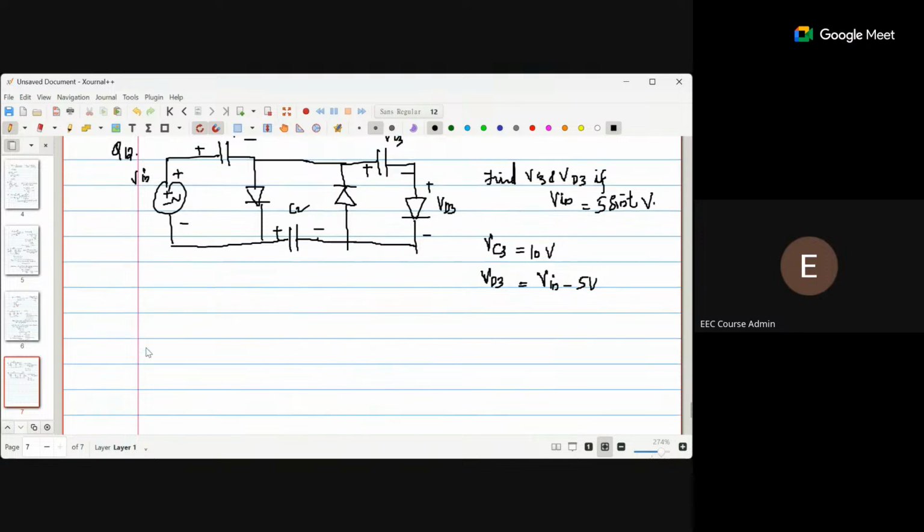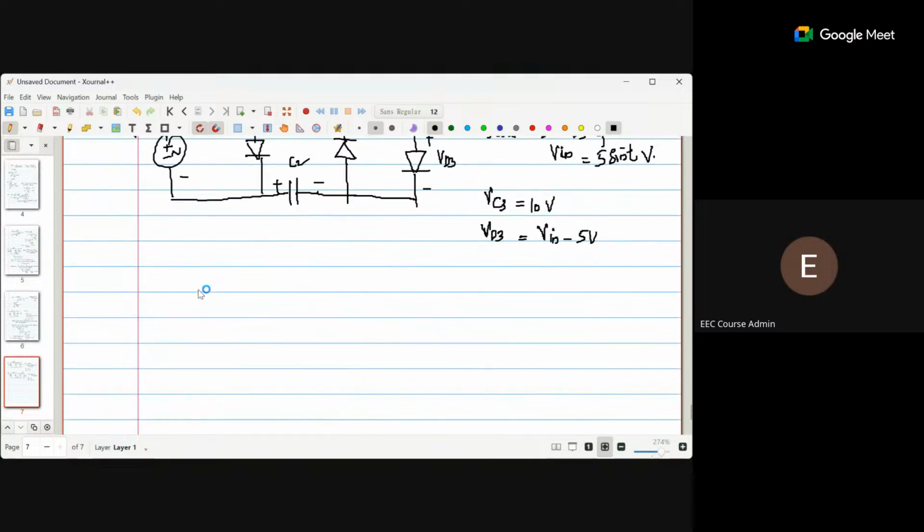Then coming to the week 1 and 2, you had the case of complex power: average power, reactive power, and apparent power.